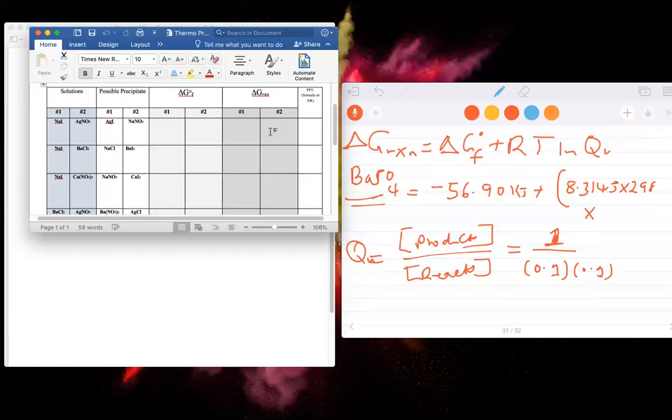So here it is times ln of what? ln of 100. What is ln of 100? It is 4.605. I can cancel that and say times 4.6.